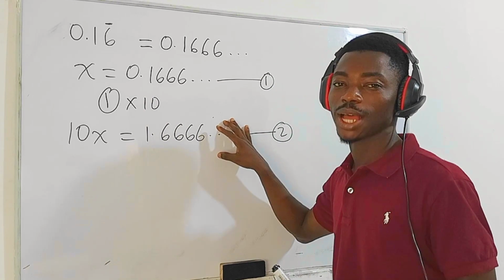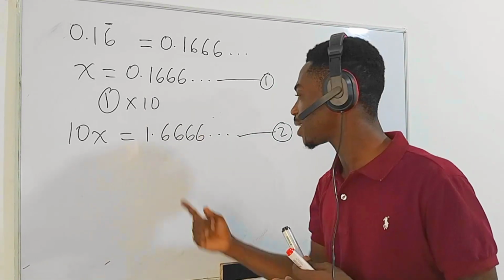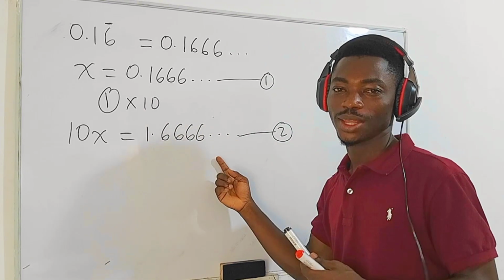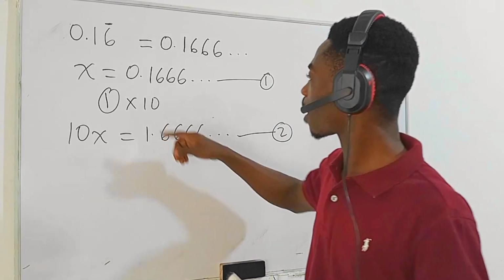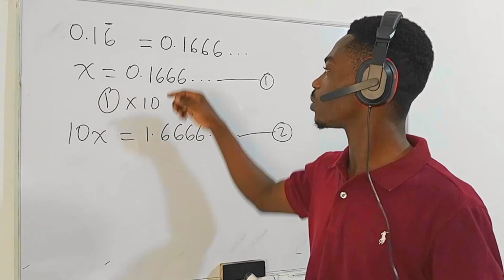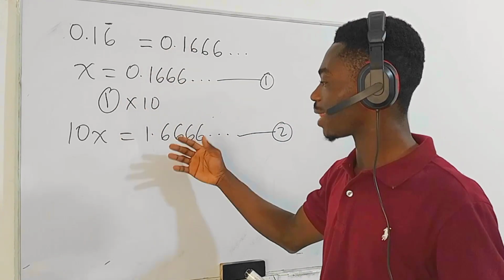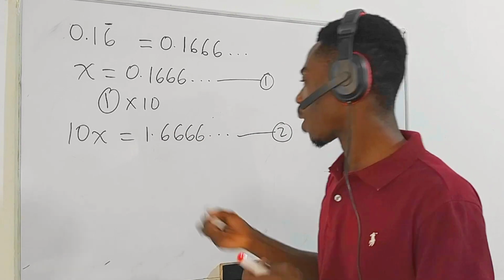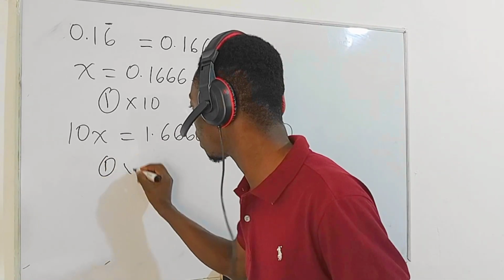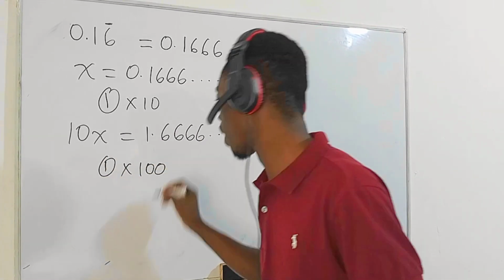So what we will do is go through another step so that the digits will be the same. And to do that, I will just have to multiply equation 1 by 100 so that it will come somewhere here. Or you can multiply this equation by 10 so that it will come here. So I will say equation 1 times 100.